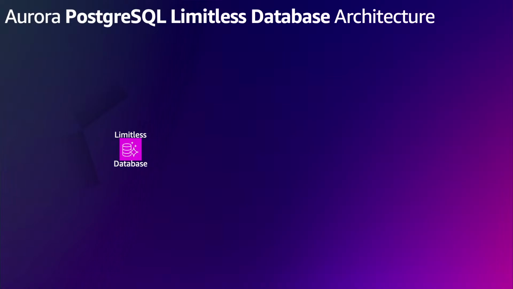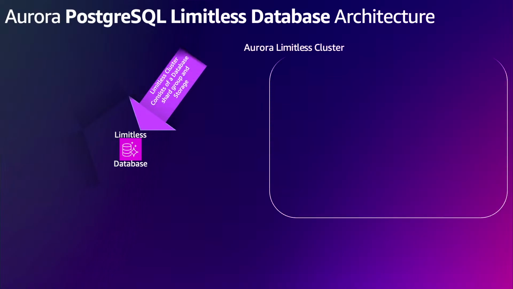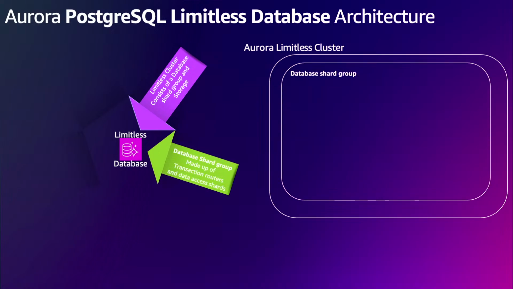So we're going to talk about the architecture of Limitless. So we have our nice Limitless database. We have our nice cluster. We're going to have this new concept, which is the database shard group. It's basically made up of transaction routers and the data access shards.